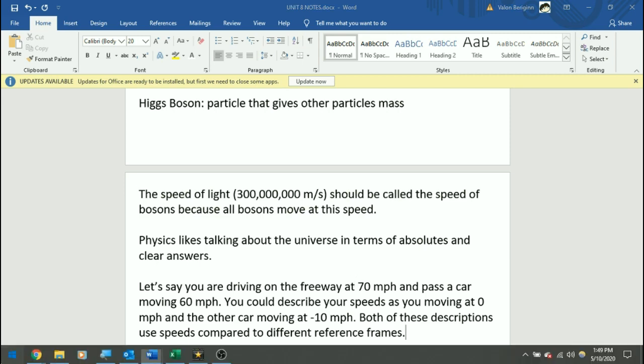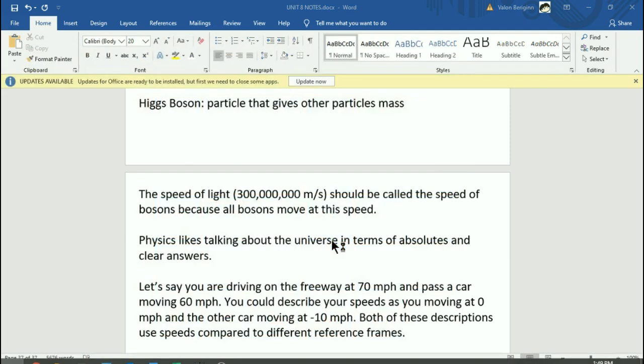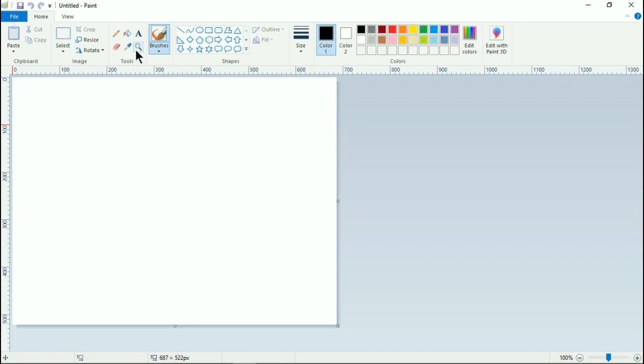So let me actually draw something here. Let's say here's a train track, a very straight train track, and you have a car. Let me just draw one car because I'm lazy.